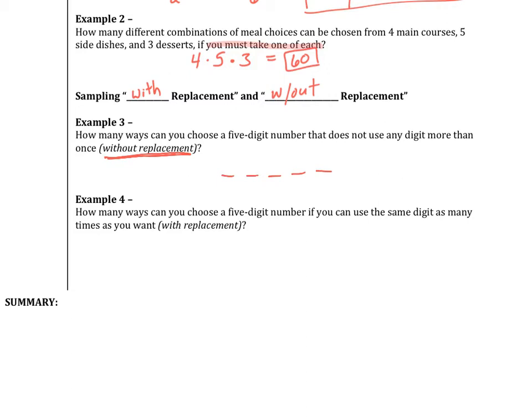You could put a 0, a 1, a 2, a 3, a 4, a 5, a 6, a 7, an 8, or a 9. So there are 10 possible first numbers. Okay, I'm going to put a times symbol after that. Let's pretend, okay, I'm going to put my example down here. Let's pretend you pick 7.